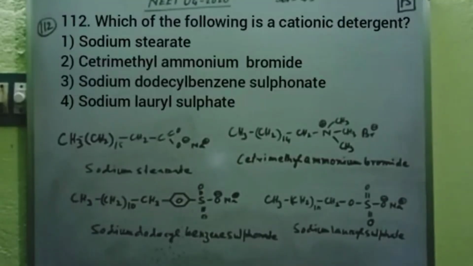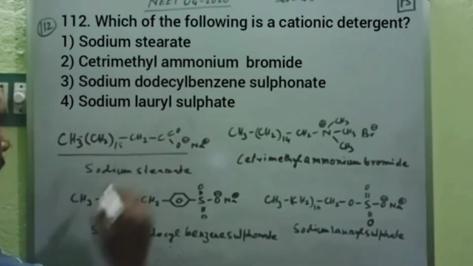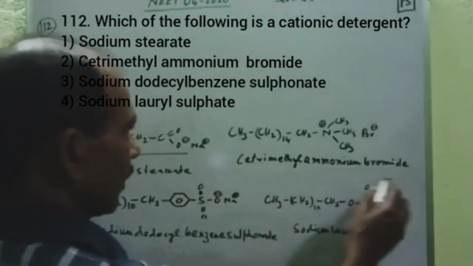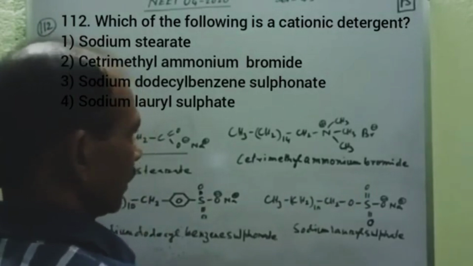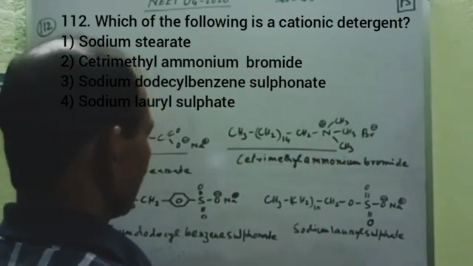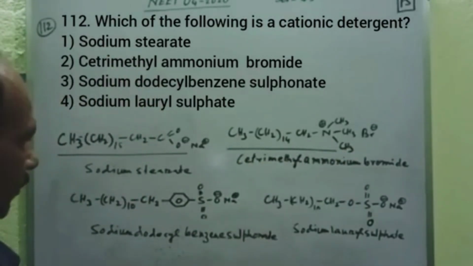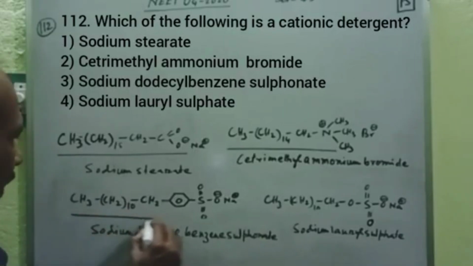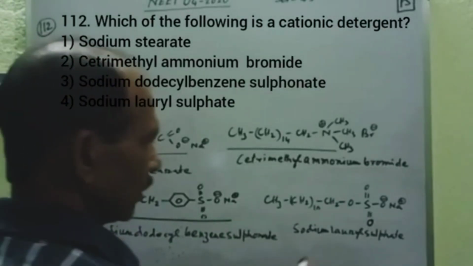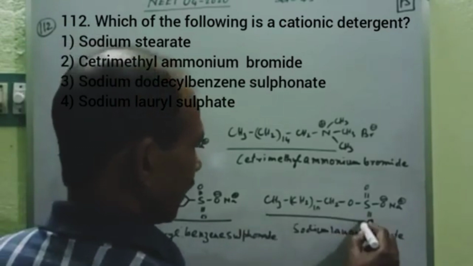Look at the structure of sodium stearate. This is an anionic detergent because this part is anionic. Look at the structure of cetyltrimethyl ammonium bromide. This part is cationic. And look at the structure of sodium dodecyl benzene sulfonate. This part is anionic. And look at the structure of sodium lauryl sulfate. This part is anionic.